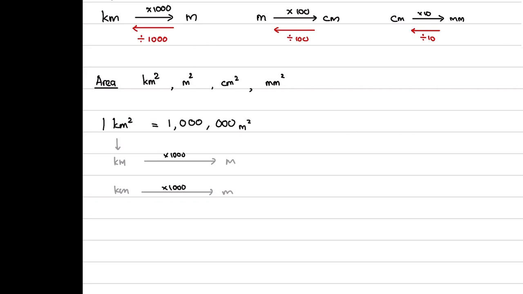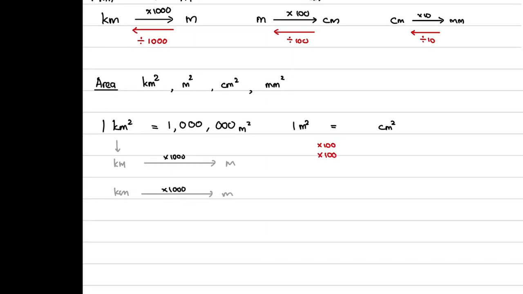Going backwards is going to be the same. You just divide by 1,000 2 times. You cannot say I divide by 2,000. That doesn't work because it is square. So you must divide by 1,000 and then divide by another 1,000. Same thing for square meters to square centimeters. You just need to multiply by 100 and do it 2 times.